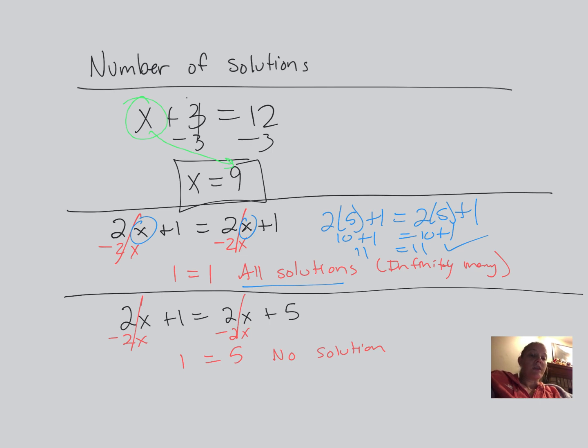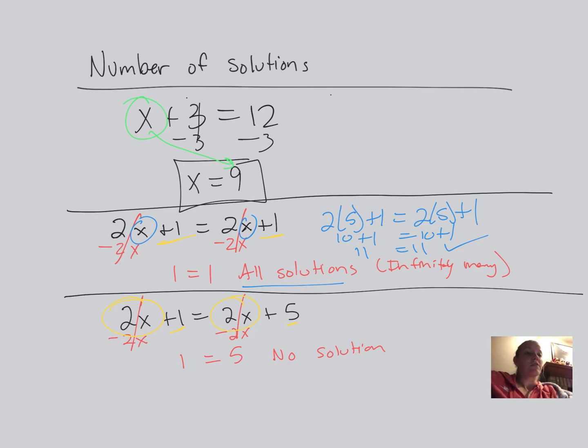So an easy way to look is, if the x numbers match, then you check the constants. If the constants match, like they did here in this middle one, it's all solutions. If the constants don't match, like this bottom one, then it's going to be no solution. Or like we had up top, where there's only one x.